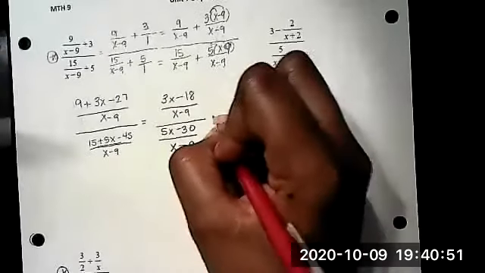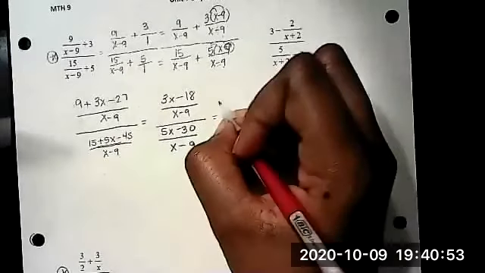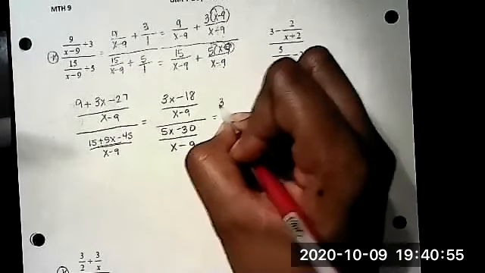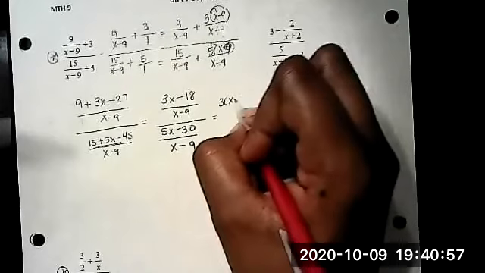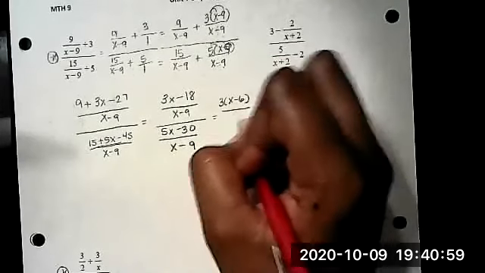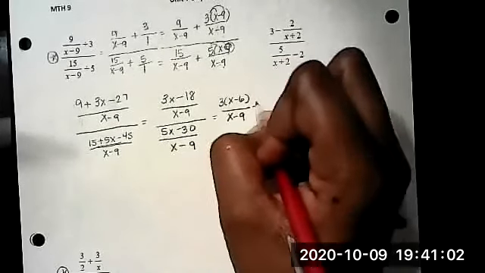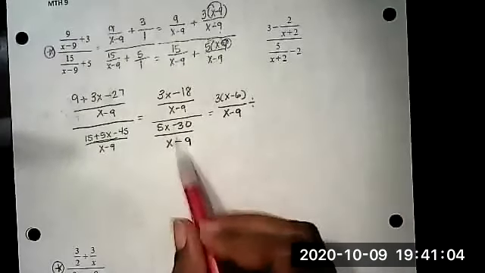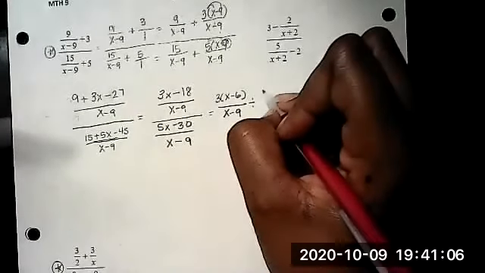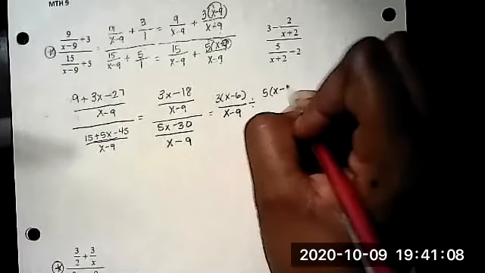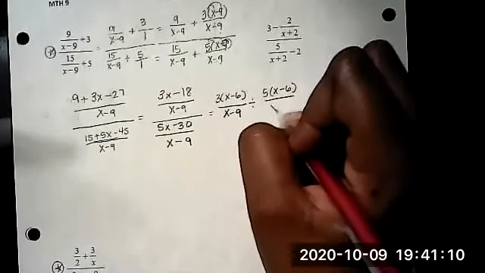There are multiple ways you can handle this part now, but I would do this. I can take out this 3, and this becomes x minus 6 over x minus 9, divided by 5 times x minus 6 over x minus 9.